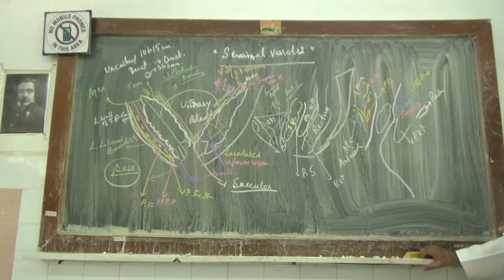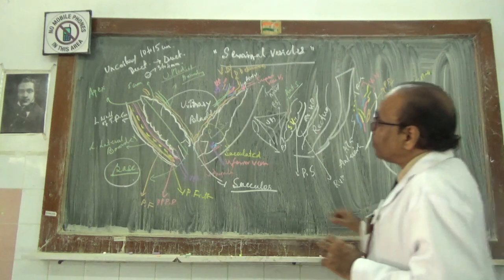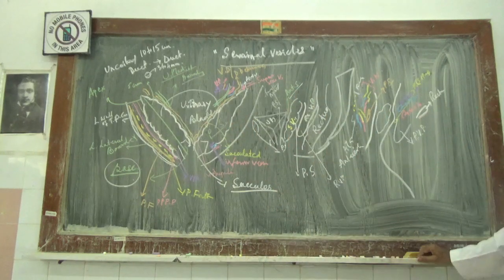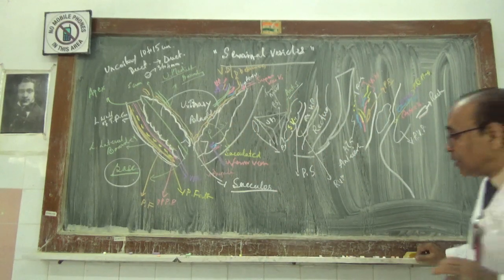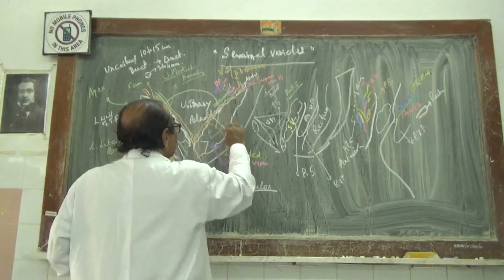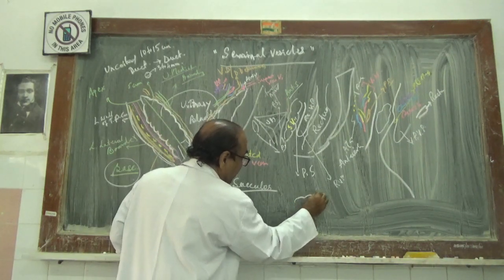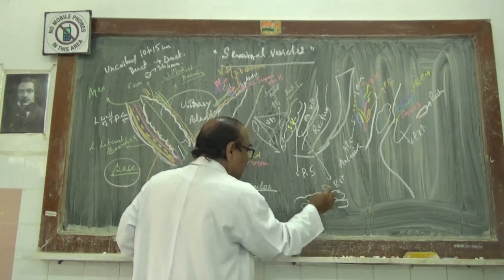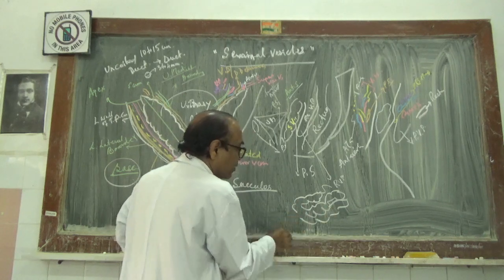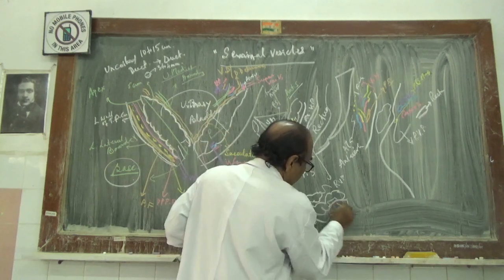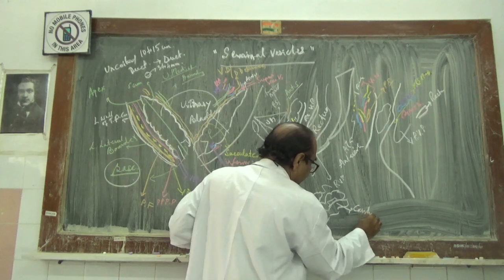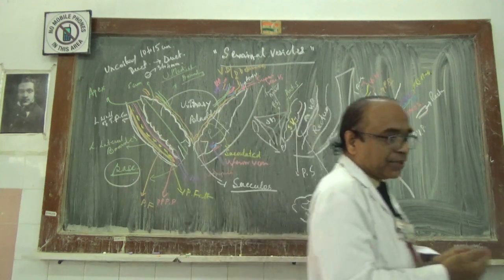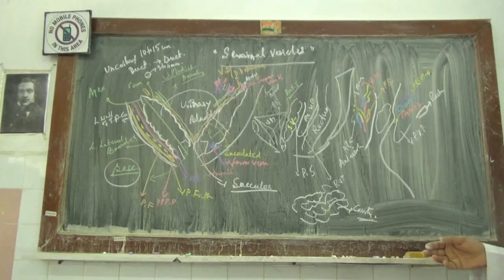Now you have to go to the internal structure of the seminal vesicles. If you cut the seminal vesicles, it will appear like some cavities. Now these cavities are because of what?